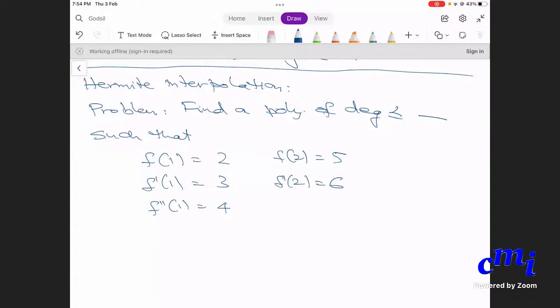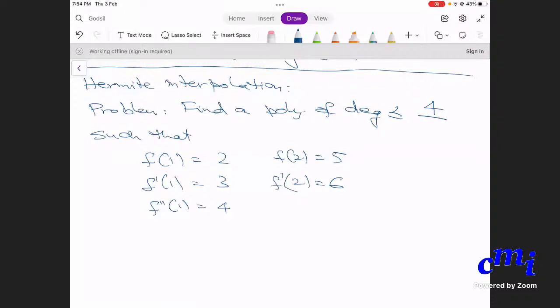So I want a polynomial of degree less than or equal to 4, satisfying the condition that f(1) is 2, f'(1) is 3, f''(1) is 4, f(2) is 5, and f'(2) is 6. So how do we solve this problem? This is called the Hermite interpolation.